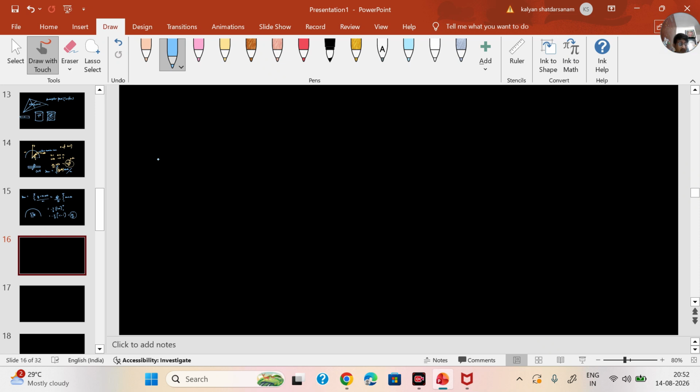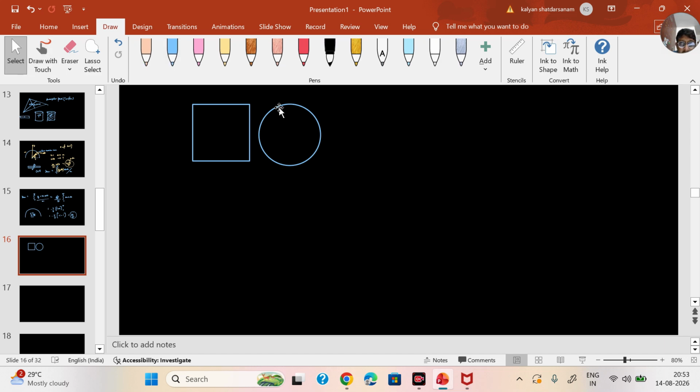But before that, I'll give you one interesting result before doing semicircular disc. See, suppose I have a square plate. It's a uniform square plate. And suppose I have a circular disc. And let us say the diameter of this circular disc and the side of the square are same.